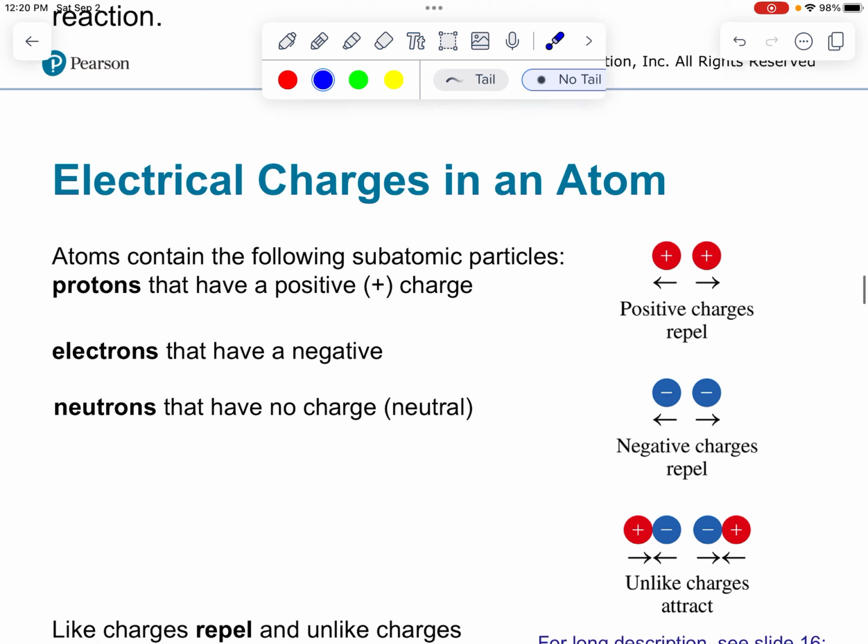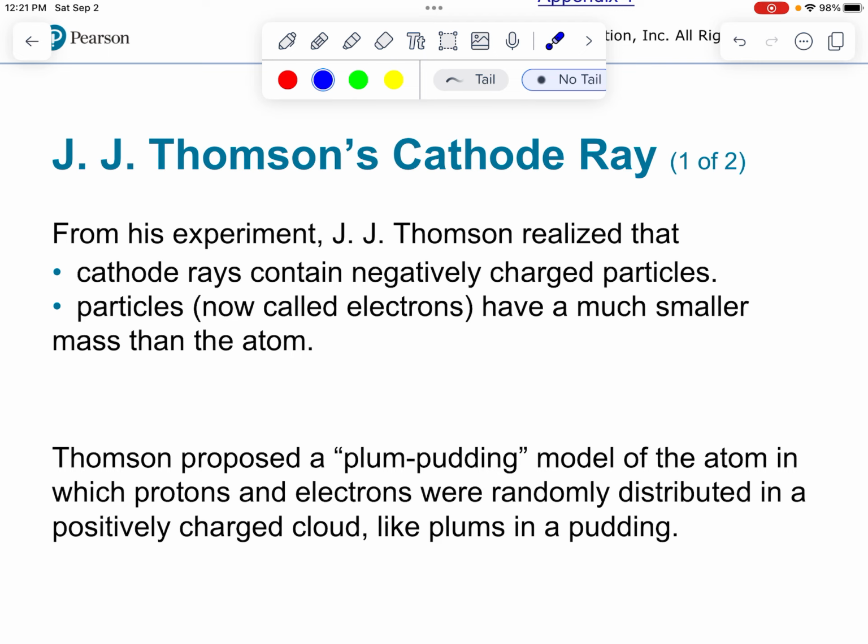One important experiment that led to a greater understanding of the architecture of the atom, how these subatomic particles are arranged, was J.J. Thomson's cathode ray experiment. These cathode rays, which are essentially electrons, he realized are particles, which we now know as electrons, that are much smaller than an atom.